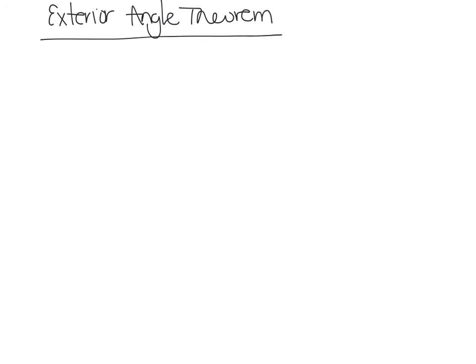Okay, our last theorem that we talked about is our exterior angle theorem. And just like we discussed at the beginning, the measure of an exterior angle of a triangle is equal to the sum of the measures of the remote interior angles. And I'll write that.